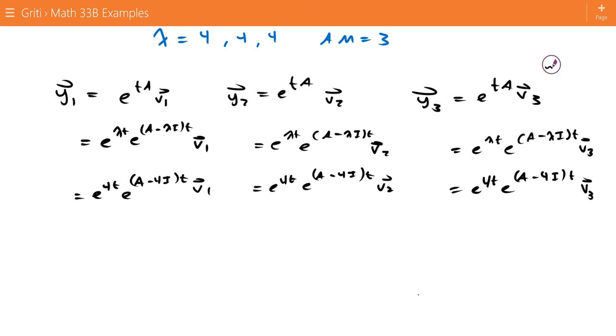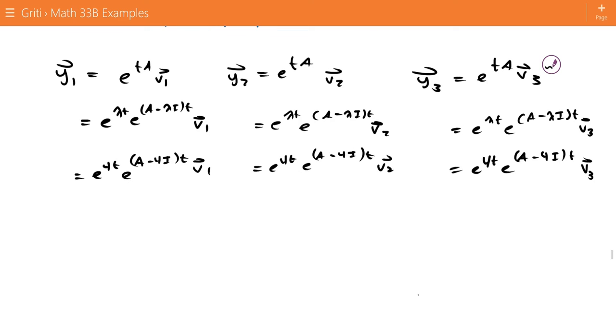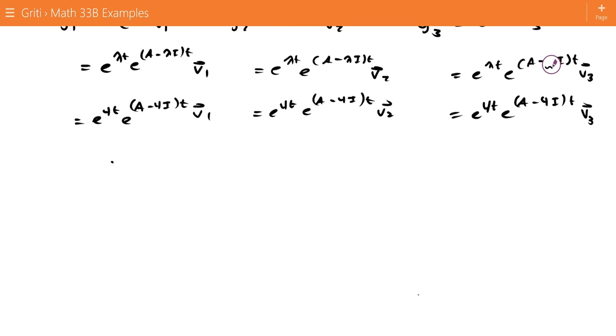So now we just have to find out what V1, V2, and V3 are. And V1, V2, and V3 are going to be associated with the null space of a power of A minus 4I by the Cayley-Hamilton theorem.